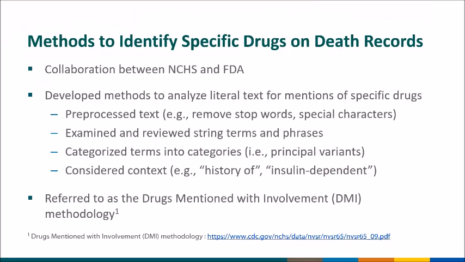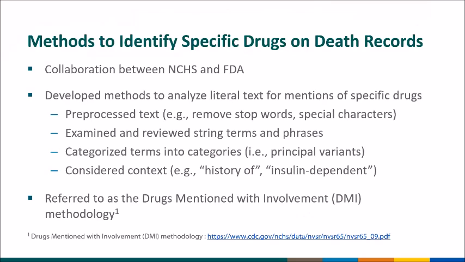And so they removed stop words, special characters, and then string by string, they examined the terms. Sometimes it was 2 words, like acetyl fentanyl. All this was codified and presented as a principal variant. You might see fentanyl and a misspelling of fentanyl, but it would all be coded to one drug.